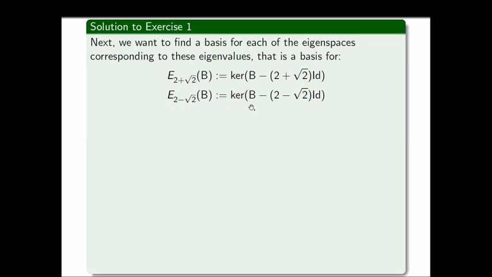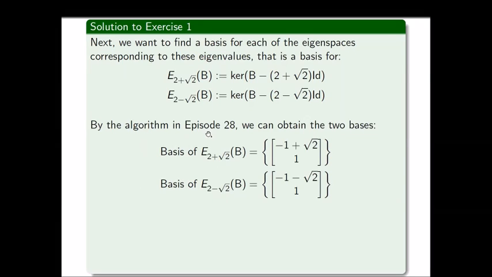We know exactly how to compute a basis for the kernel of a matrix. We had an explicit algorithm in episode 28, so we just use that. Feel free to check the computation. When you do this, you will get a basis for each of these eigenspaces, and the bases are going to look like this. Both of these bases have exactly one vector each.